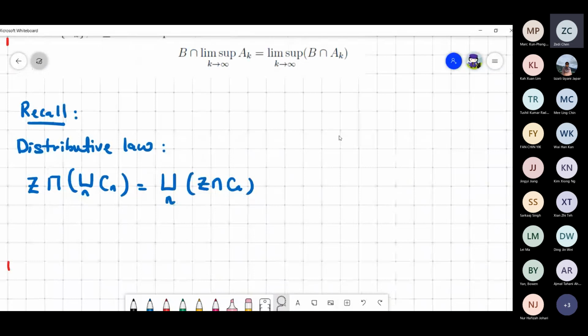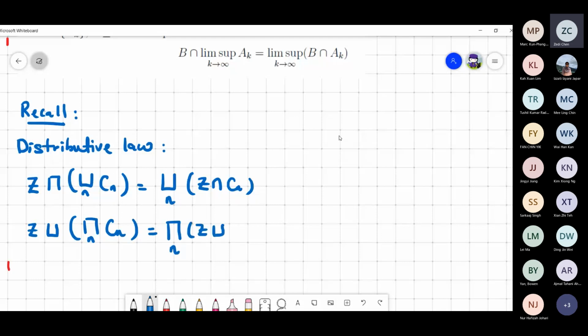Likewise, we can have another identity, similar to this one, where intersection turns to union and union turns to intersection. Again, n is a running index from 1 to infinity, or maybe 1 to 5 or 1 to 10, it doesn't matter. So Z union the intersection of C_n.